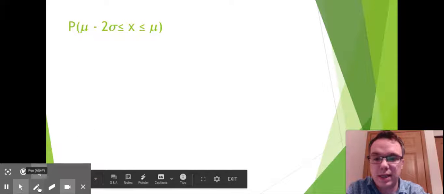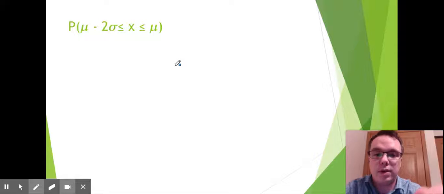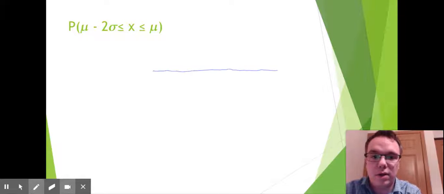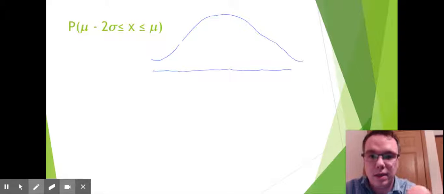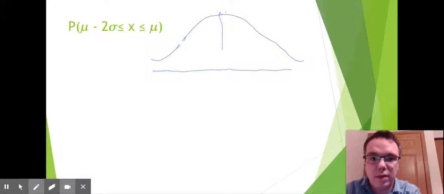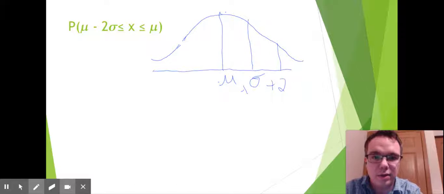So first, like I said, we are going to draw a normal curve. It does not have to be perfect. It just has to be a bell-shaped curve where we can put our mean, and this would be +1, +2, and +3 standard deviations.